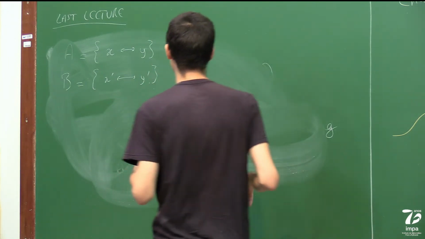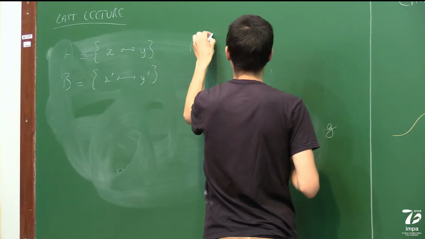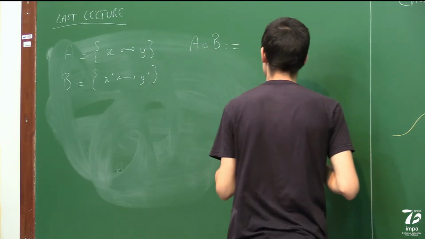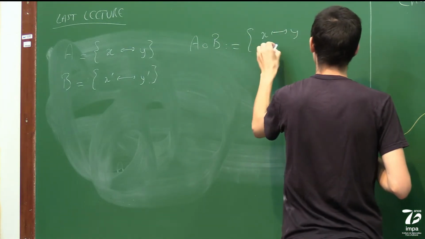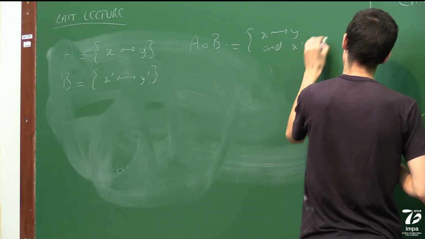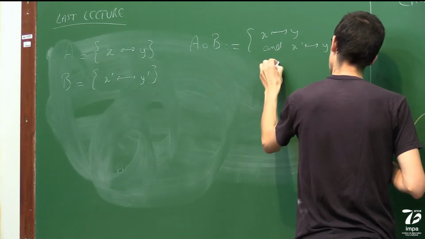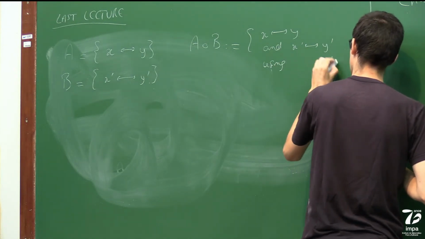Basically, we want to say that this event should be the event x is connected to y and x prime is connected to y prime using disjoint paths.